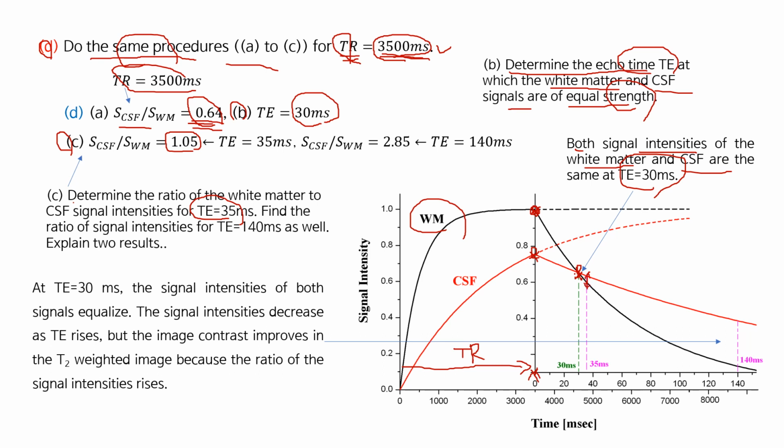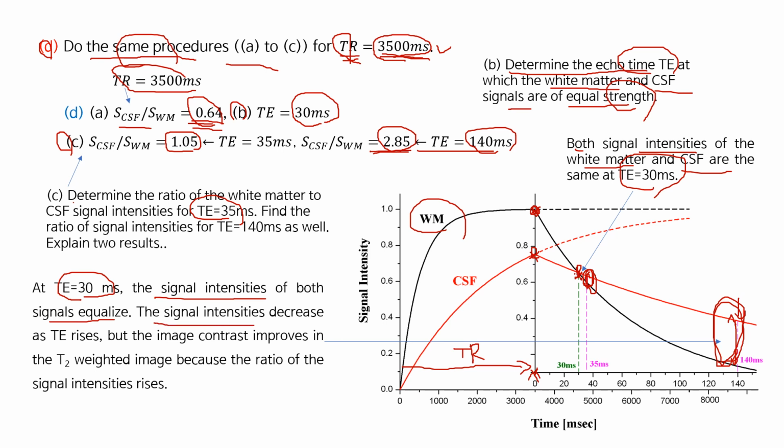And at 140 milliseconds, the signal ratio is found to be 2.85. So the signal intensity ratio at this moment is much larger than in the other case. At 30 milliseconds, the signal intensities of both tissues equalize.